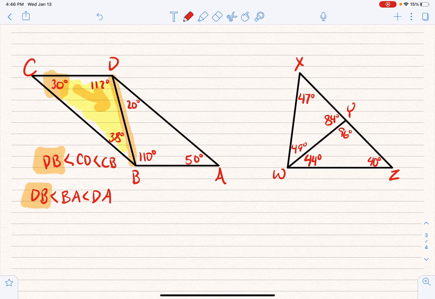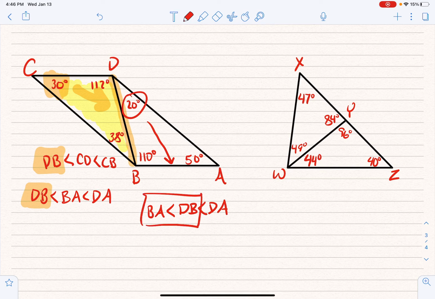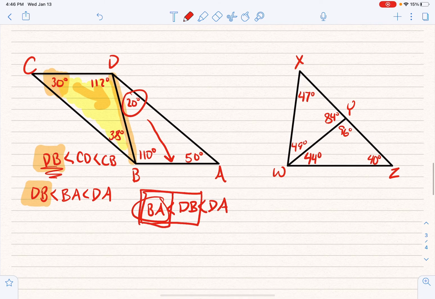So if this is the smallest angle, then this is the smallest side. That would mean that BA is smaller than DB, which is smaller than DA. And if this statement right here is true, then while this was the smallest one in the first triangle, it doesn't matter. BA is smaller overall. So when it asks what's the smallest segment in each figure, you'd go BA, because BA is smaller than DB.